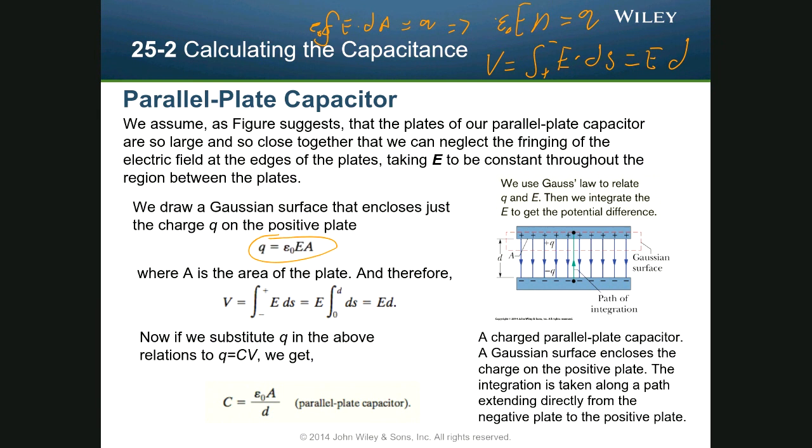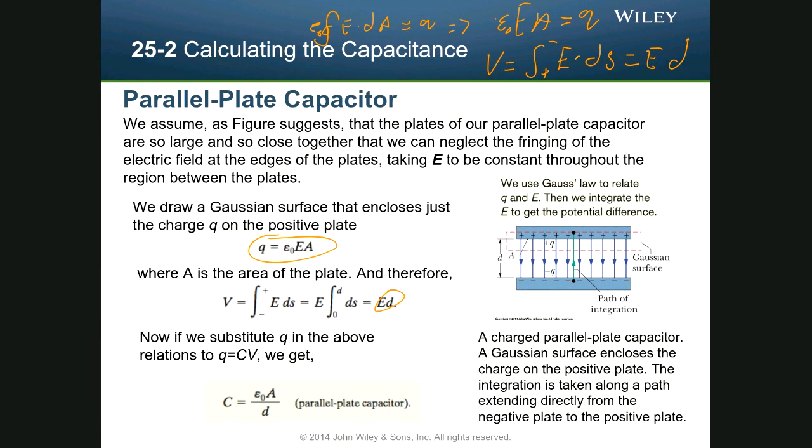All right. So we have Gauss's law, which gives us this factor here, and we have our definition of voltage, which will give us this here. So this is EA from Gauss's law. From voltage, we have ED.